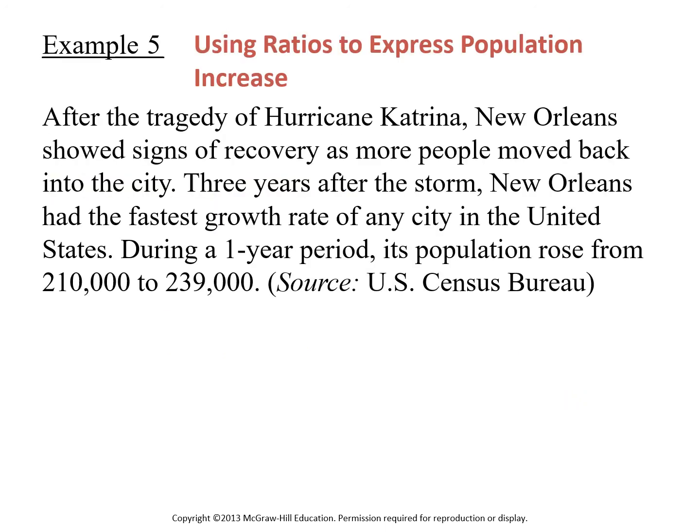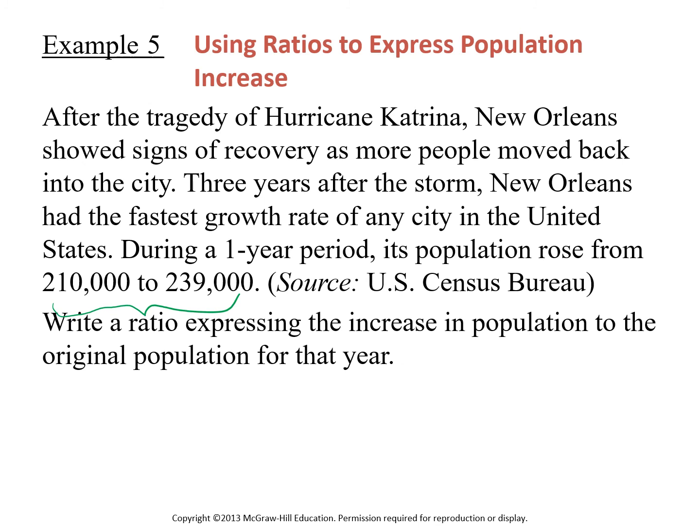And an application problem. After the tragedy of Hurricane Katrina, New Orleans showed signs of recovery as more people moved back into the city. 3 years after the storm, New Orleans had the fastest growth rate of any city in the United States. During a 1-year period, the population went from 210,000 to 239,000. Write a ratio expressing the increase in population to the original population.